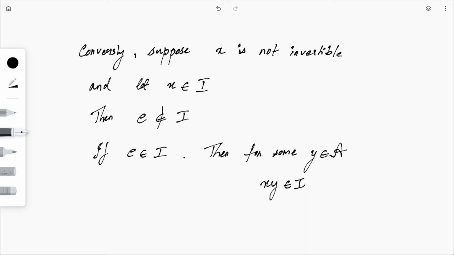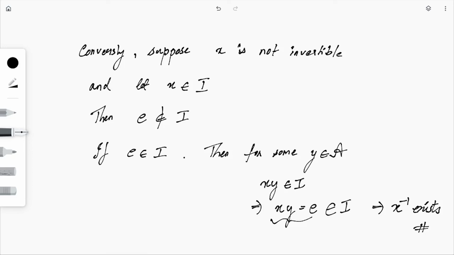By definition, x is an element of I, y is an element of script A, so xy is an element of I. Now if E is an element of I, this implies xy is equal to E. This implies x inverse exists, right, which is a contradiction to the assumption that x is not invertible.